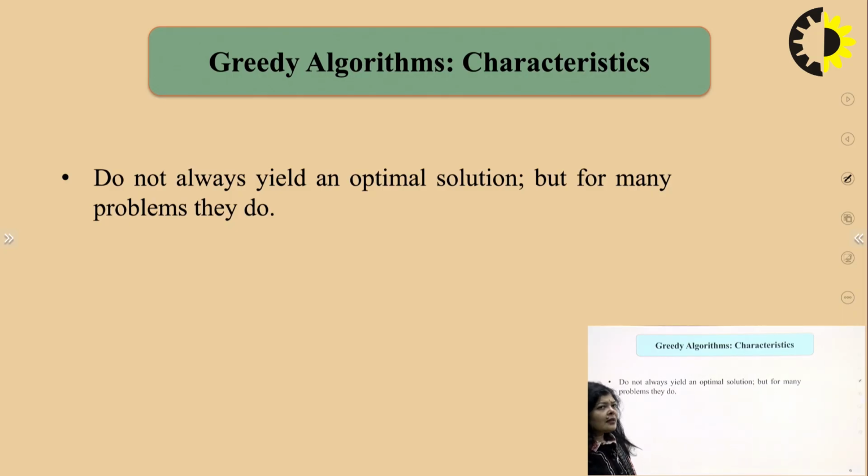So this says that sometimes the greedy algorithm can generate a global optimal solution, but for many problems it may happen that greedy is not giving you the global best solution, rather it is only generating certain local optimal solutions for you.